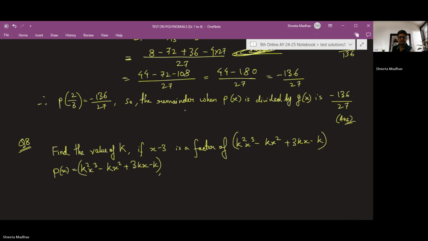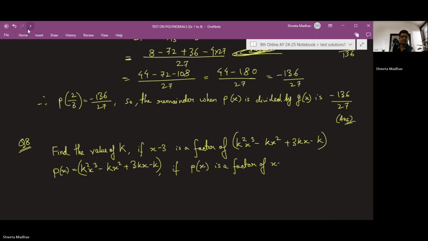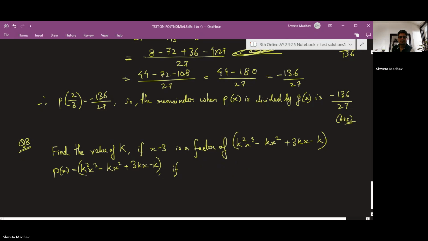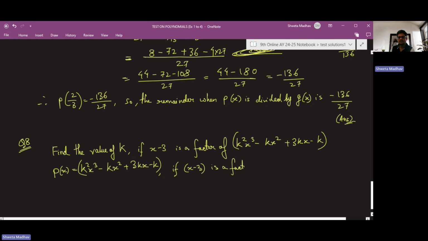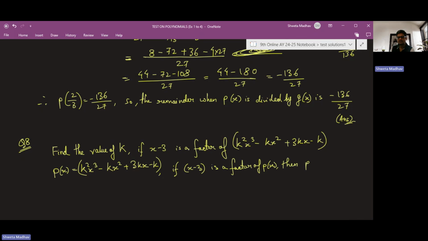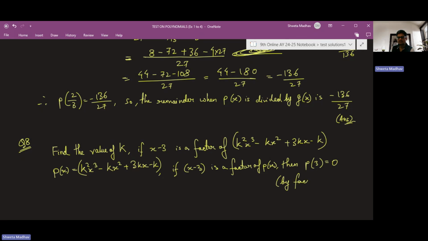Since it is told that x minus 3 is a factor of p of x, it means that p of 3 should be equal to 0, by using the factor theorem.